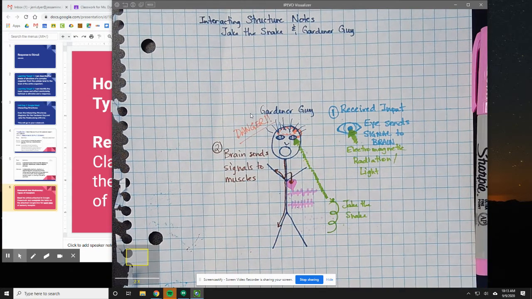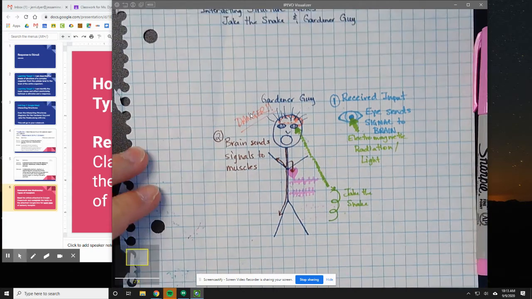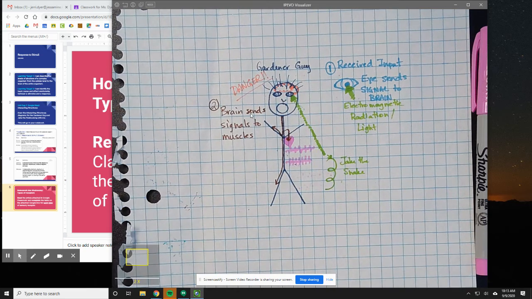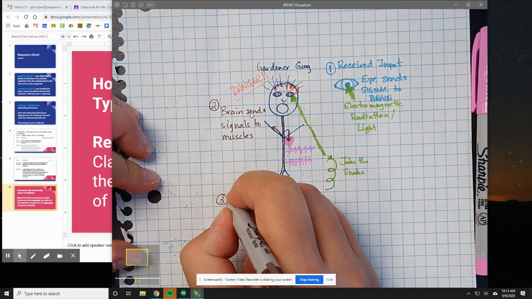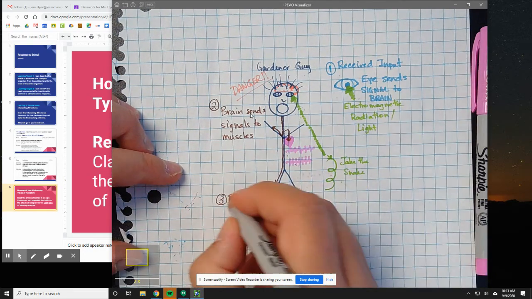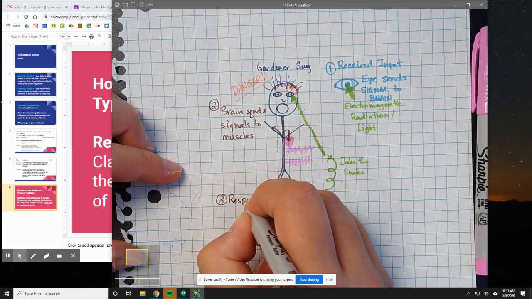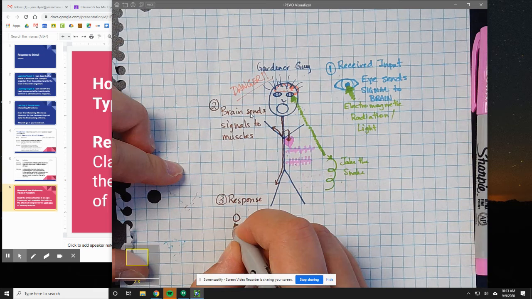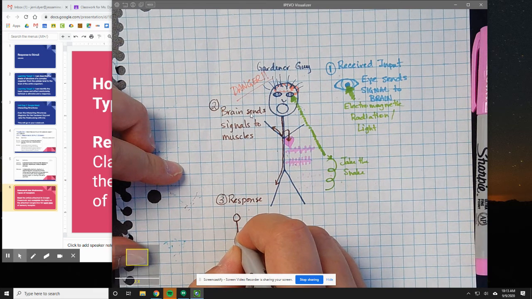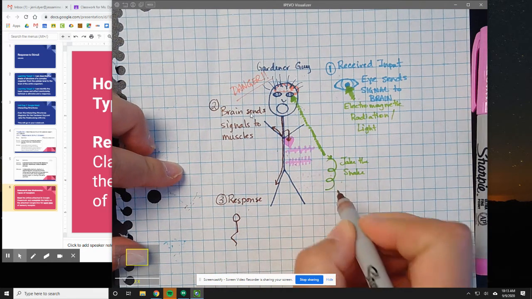So let's say that this is kind of early on in the gardener guy's series of interactions with snakes. And so let's say that gardener guy decides, you know what, I'm out of here. Or maybe Jake isn't actually a garter snake.